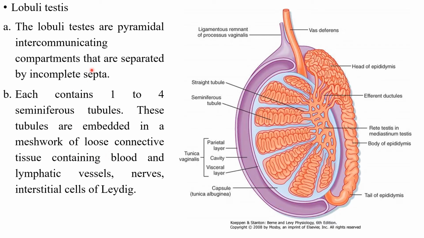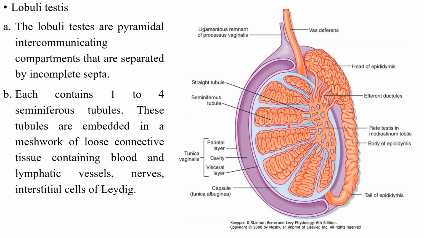These lobuli testis are pyramidal intercommunicating compartments that are separated by incomplete septa. Each lobuli of the testis is composed of 1 to 4 seminiferous tubules. These tubules are embedded in the meshwork of loose connective tissue.